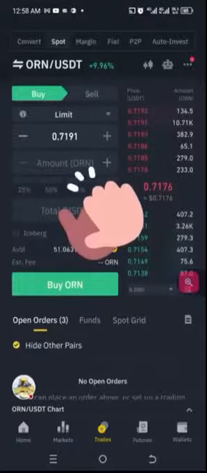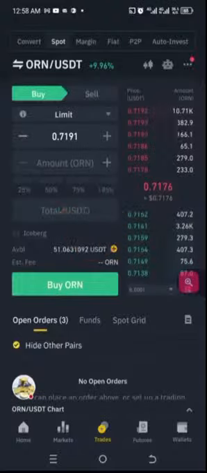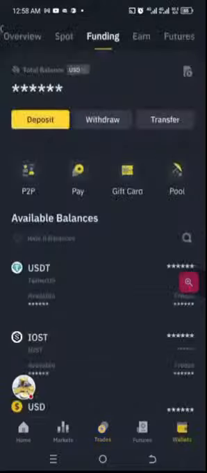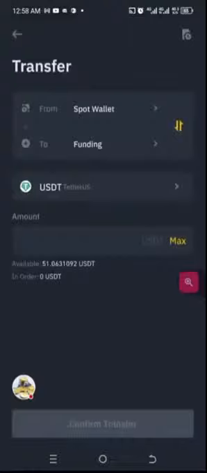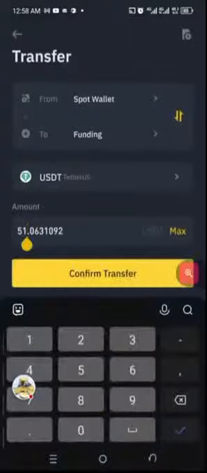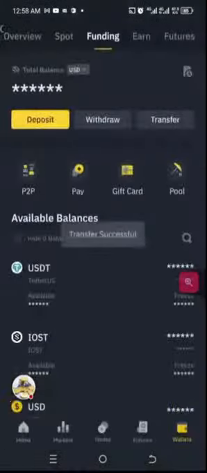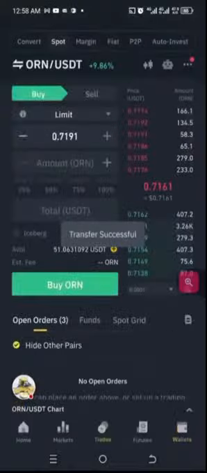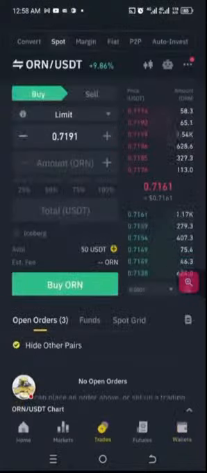ORN, you did good. Let's go ahead and ship out the profit. That's transfer. We'll just put on the max and ship out the profit, quickly, so we can be back with our trading capital.